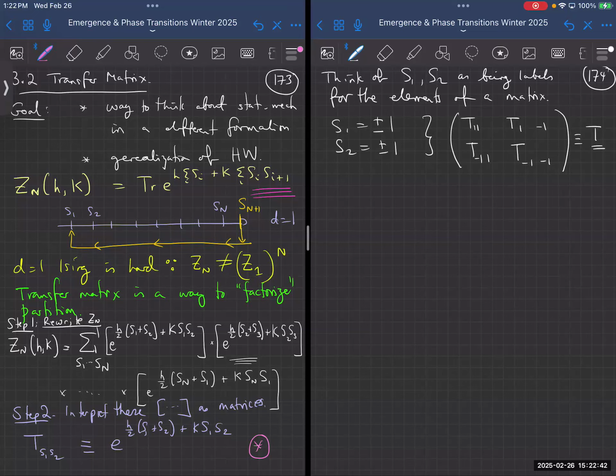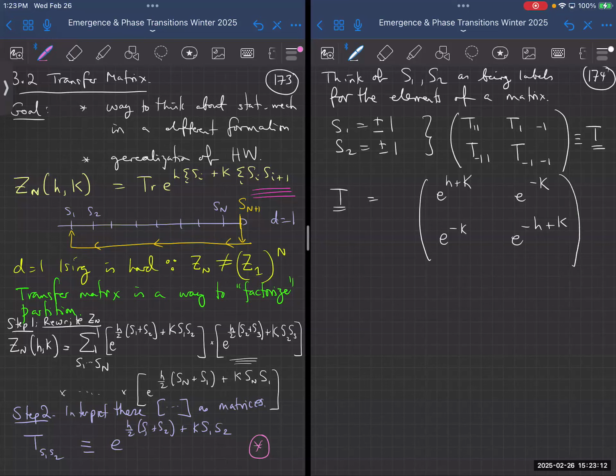I just substitute that in, and I get e to the h plus k. So I can write down this matrix T just by substituting in those numbers. It looks like this: e to the h plus k, and then e to the minus k, when one is 1 and one is minus 1, the h terms cancel out. And then e to the minus k, and then e to the minus h plus k.